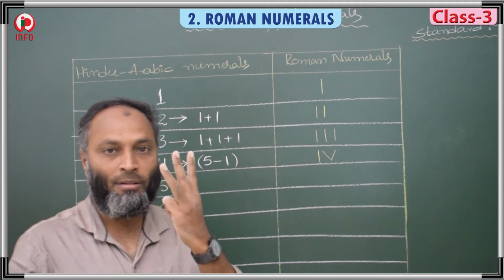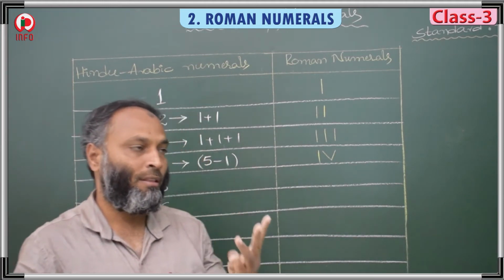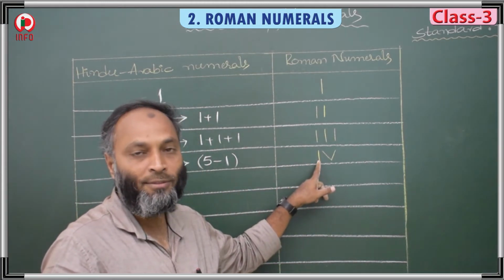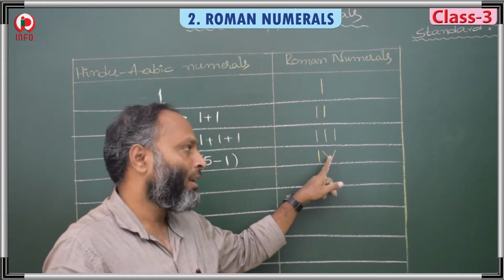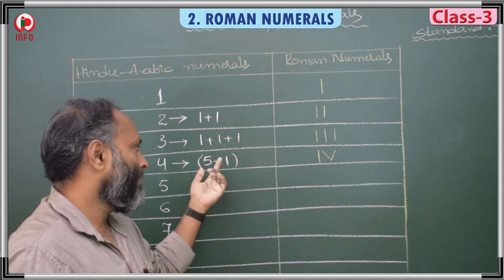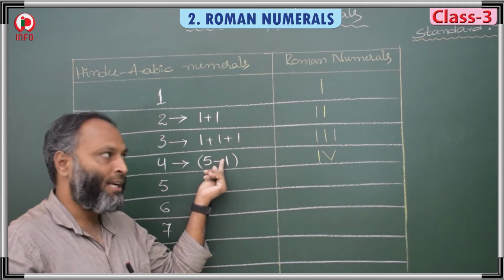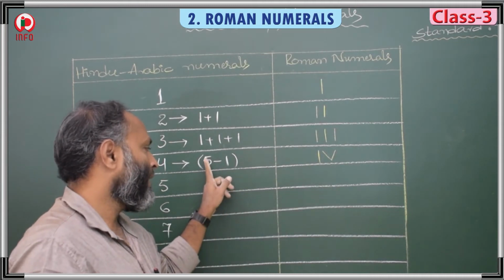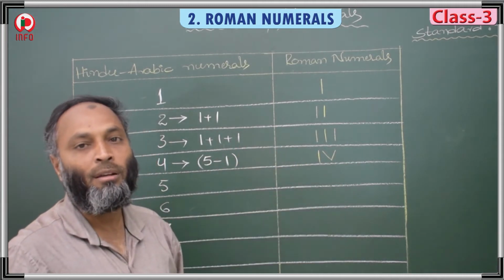According to our third rule, if a smaller Roman numeral is on the left side of a bigger Roman numeral, it means subtraction. Whenever there is a subtraction sign, first we take the smaller Roman numeral and after that the bigger Roman numeral.